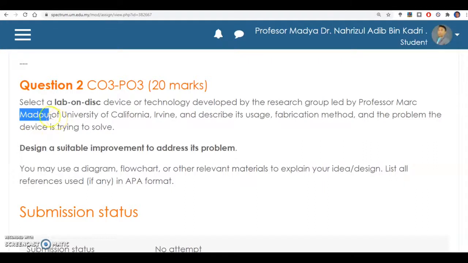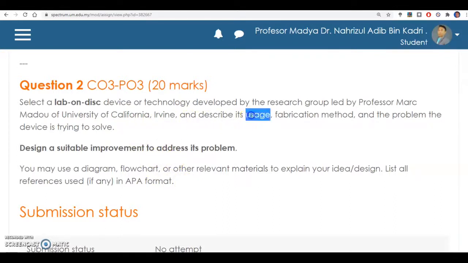If the paper has his name in it, you can use it. Doesn't matter if his name appears in the front or at the back of the list of authors. Okay, it doesn't matter. So choose one, and from there you read up what it is trying to do.